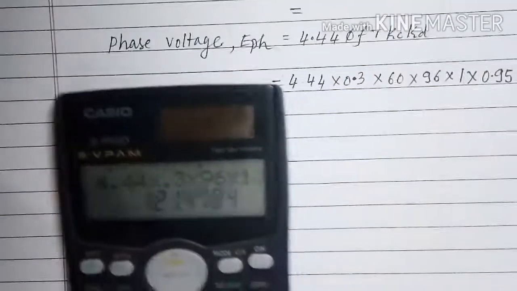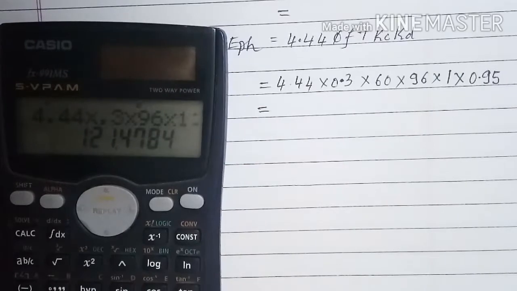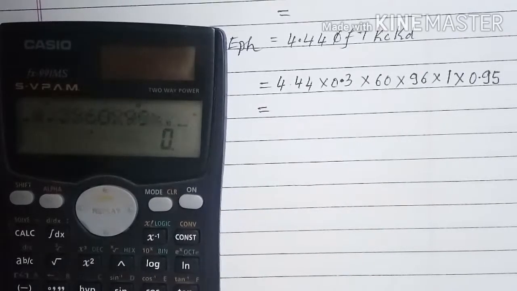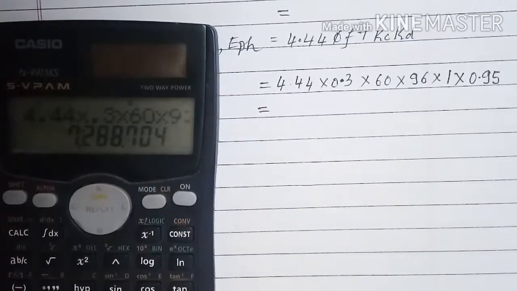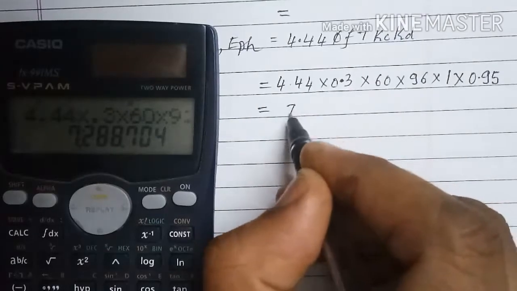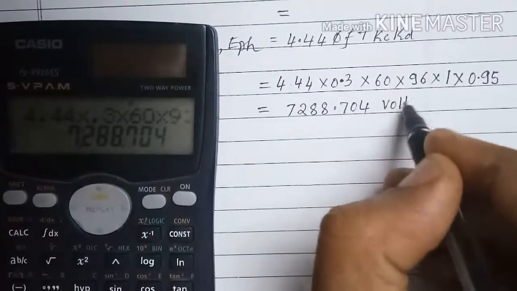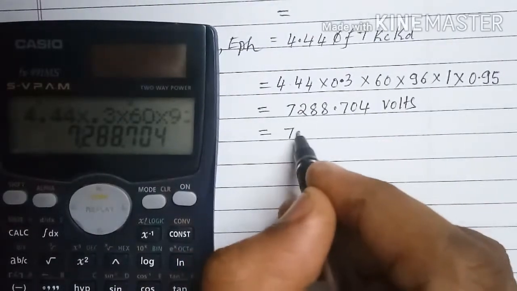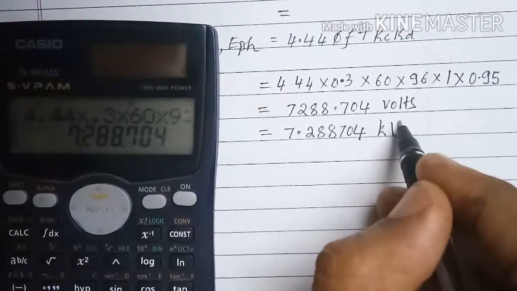Simplifying, we get 7,288.704 volts or 7.288704 kilovolts.